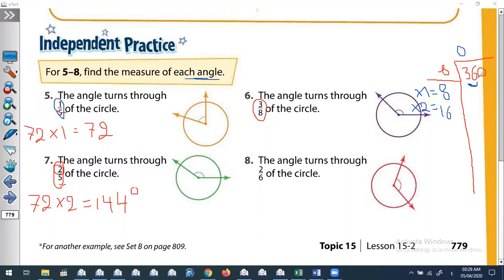Also smaller than 36. Times 3 is 24. 24 is also smaller than 36. Times 4 is 32. Yes, it's smaller. Times 5 is 40. No, because 40 is more than 36.